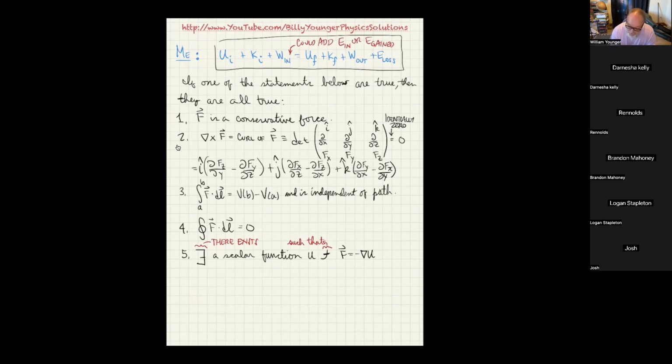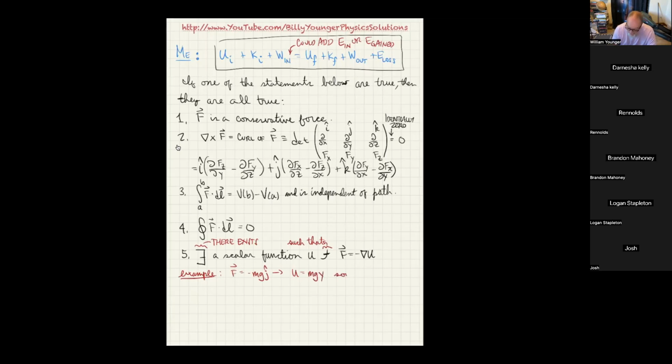So for example, let's look at this right now. When F is equal to negative mg j hat, we know that U is equal to mgy, right?